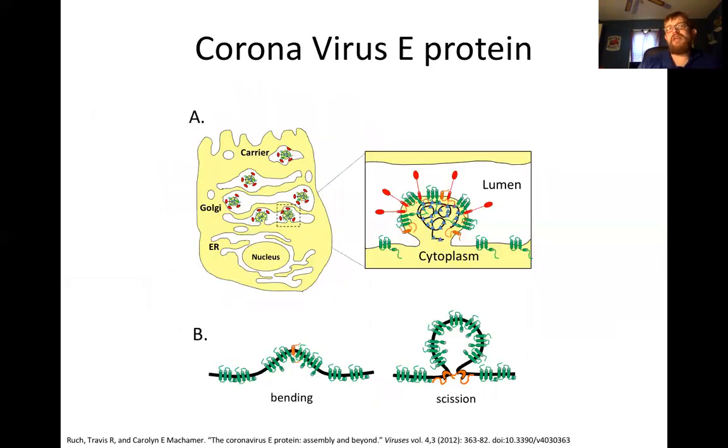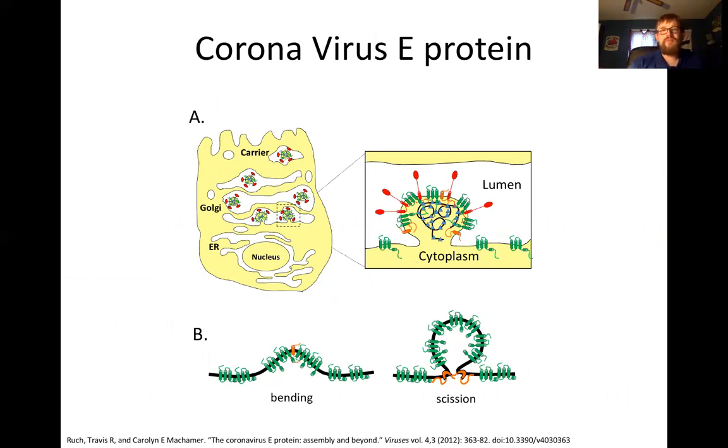What we see with coronaviruses is that this E protein actually drives budding within the ER and the Golgi. So they're fully assembled with their envelope surrounding their capsid before they even leave the cell. Their assembly is actually taking place in your Golgi.